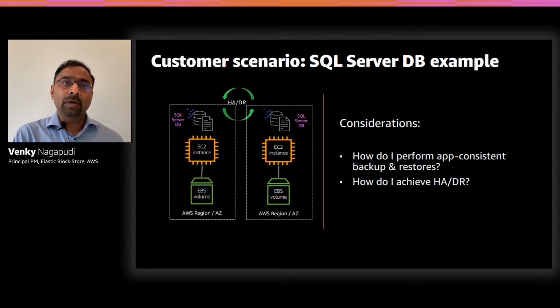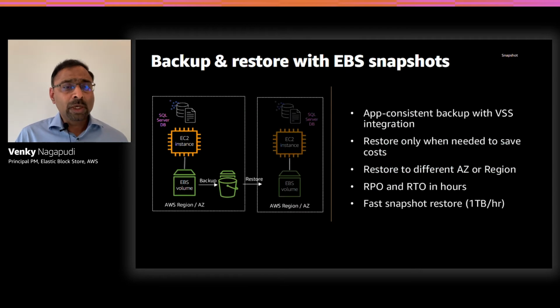And based on your application business continuity needs, you have several choices of infrastructure that EBS provides. The first one that I want to talk about is EBS snapshots. EBS snapshots are great if your RTO and RPO requirements are in the order of a few hours.